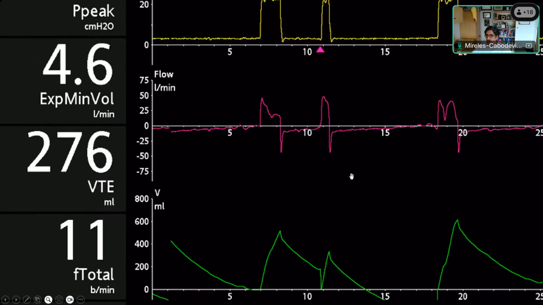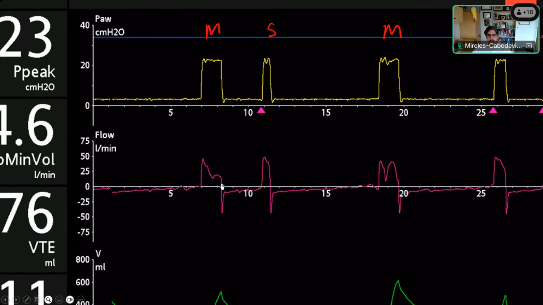Very high quality statement. So during inspiration, you see how the system pressurizes, the flow goes up, and then you see this stuff over here, the belly doesn't decay exponentially. You see that one over here too. You see that in this one and on this one.